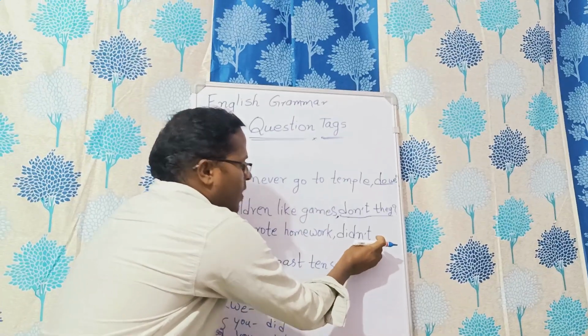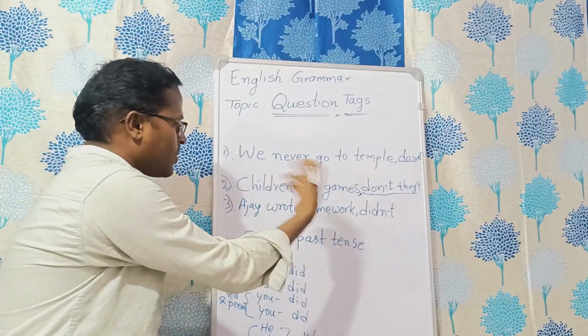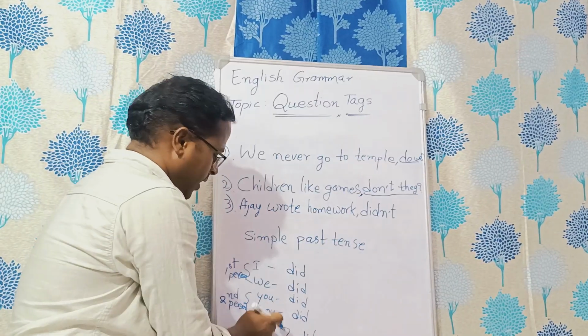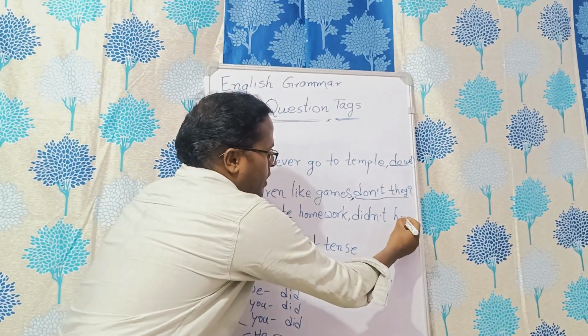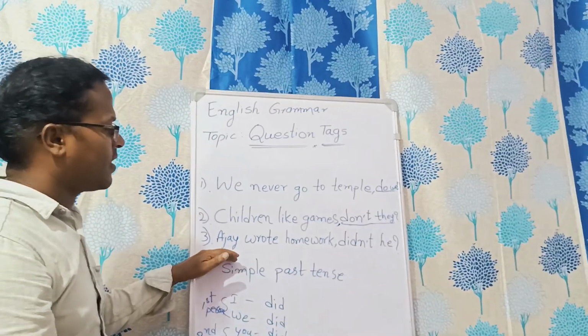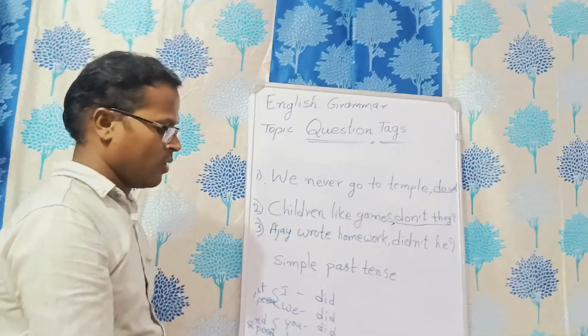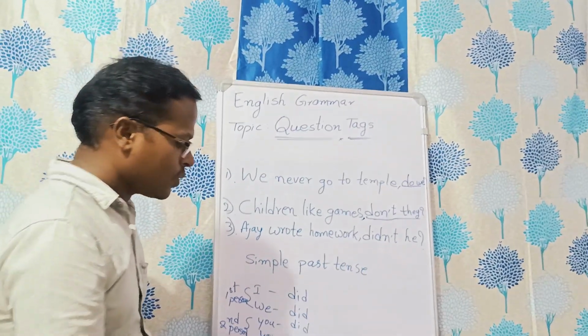Just by adding not, it will become negative. And the subject pronoun of Ajay is he. Don't write the subject name; proper nouns you never use.